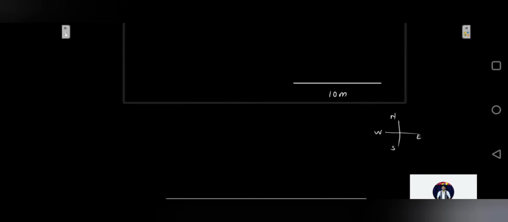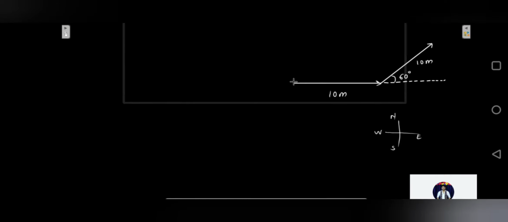Basically he changes his direction like this, 60 degrees to the east. This remains as east, and this angle here is 60 degrees. Then he walks over here and travels another distance of 10 meters.